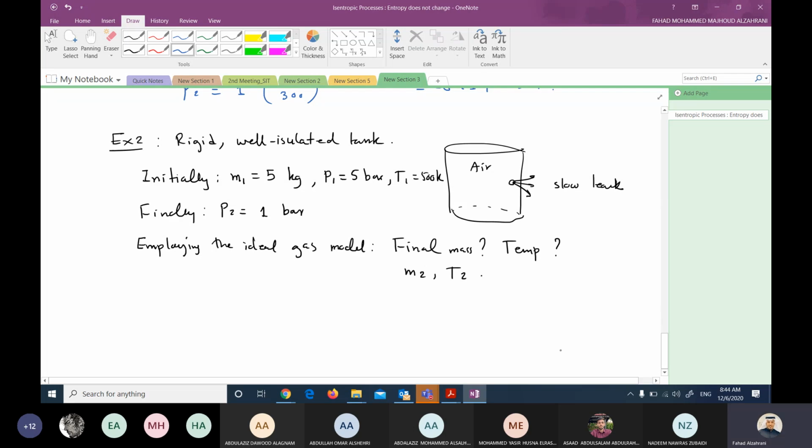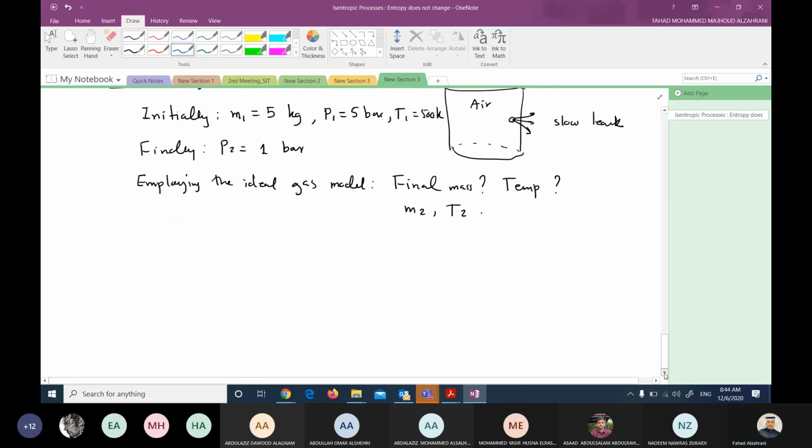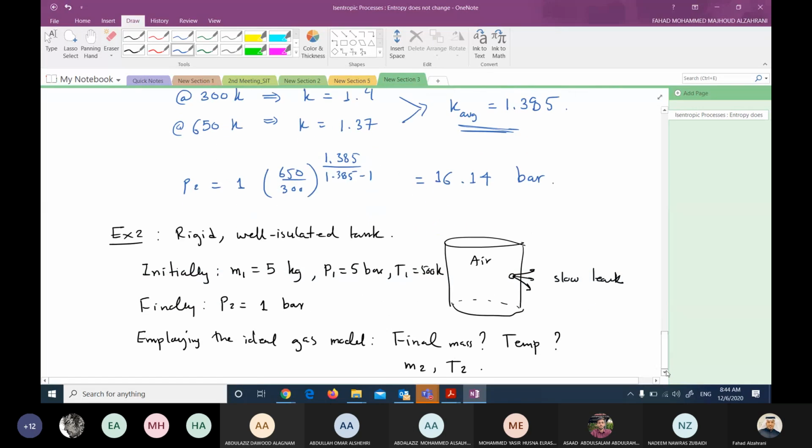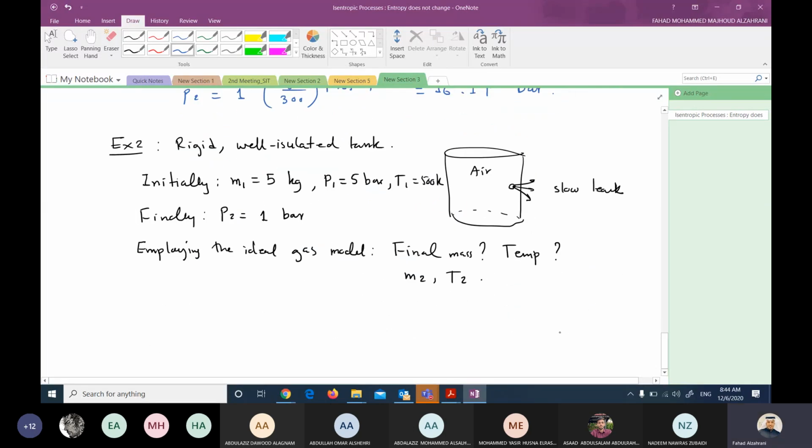Alright, guys. I told you this is an ideal gas. So you can immediately apply what? I can apply the ideal gas equation at any state, right? So at the final state, I have M2 equals P2 V2 over R T2.